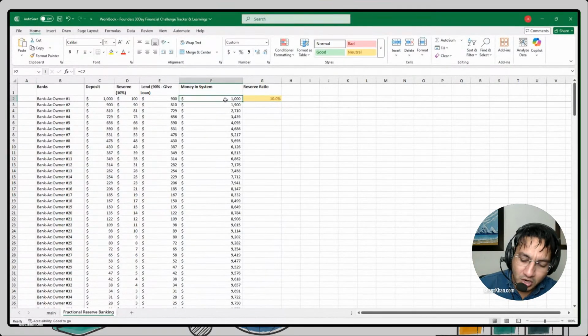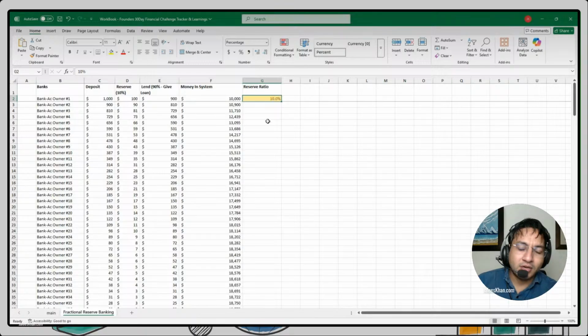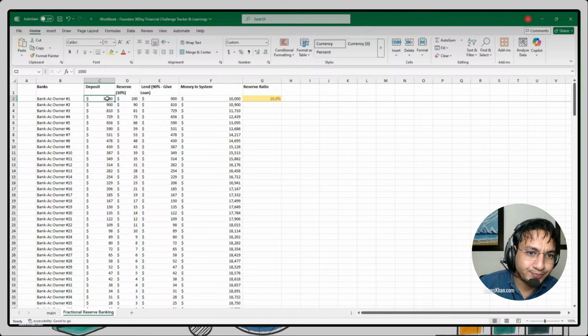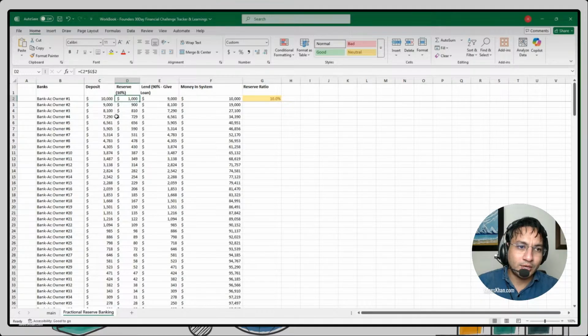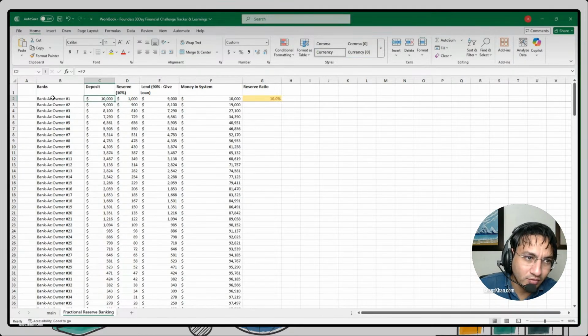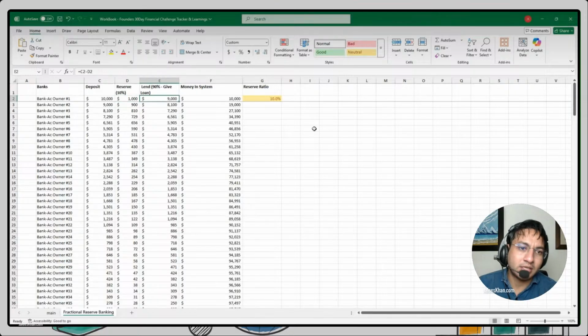For example, if I deposit $10,000 and they reserve 10%, that's the deposit amount at our first bank, and they have to keep 10% of it, so they keep $1,000 in the bank reserve, and then they can loan out $9,000 to someone else.